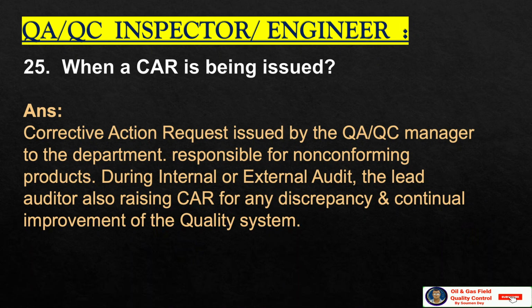When is a CAR issued? A corrective action request is issued by the QA/QC manager to the department responsible for non-conforming products. During internal and external audits, the lead auditor also raises a CAR for any discrepancy and continual improvement of the quality system.